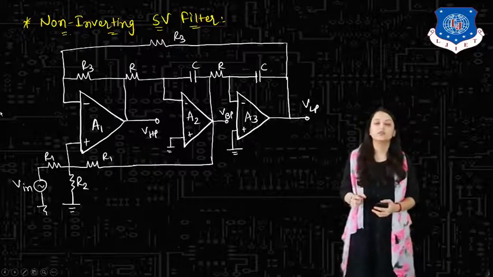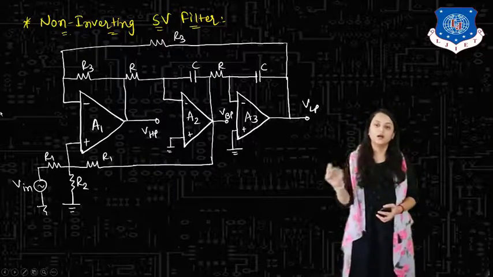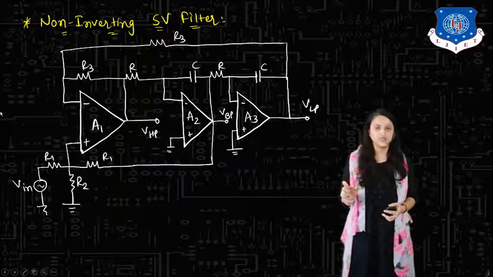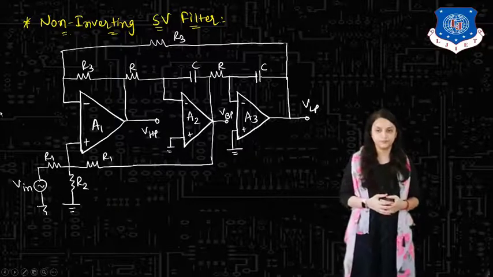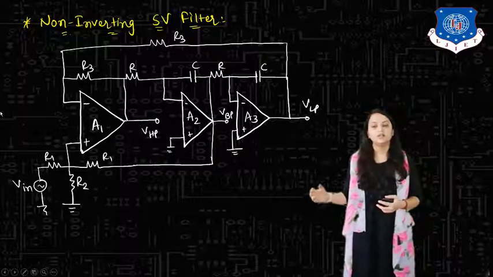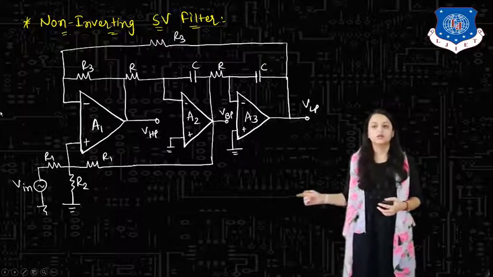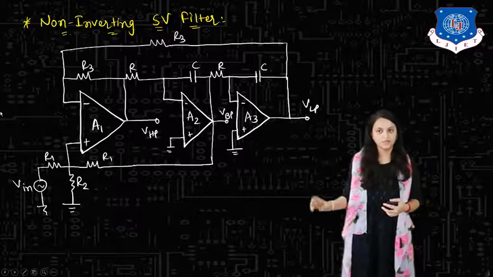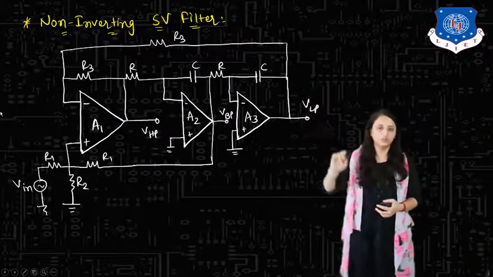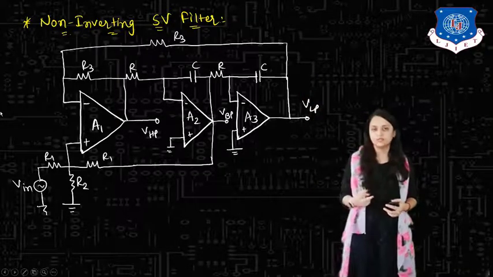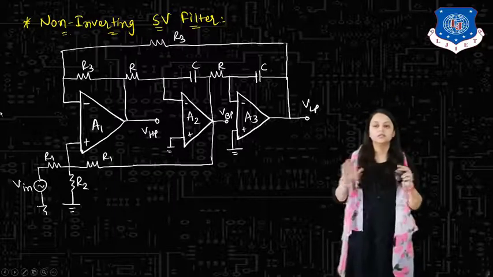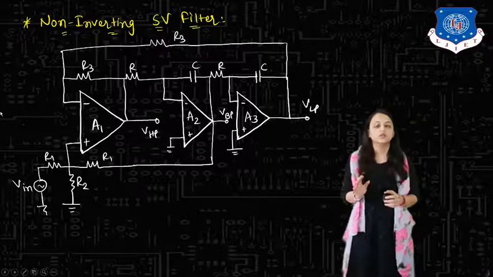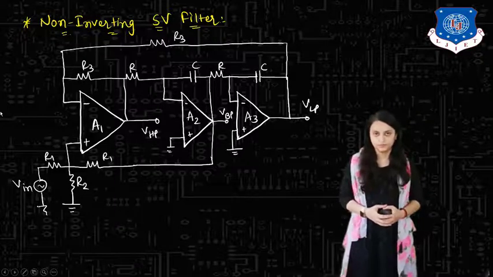Here resistance values are shown common, R, C, C capacitance values. That indicates that they are having the same values. R1 resistance R2, R2 resistance is single resistance, and R3 resistance are 2 resistances. That means 2 resistance of value R3 is there. This whole arrangement is obtaining the non-inverting state variable filter.